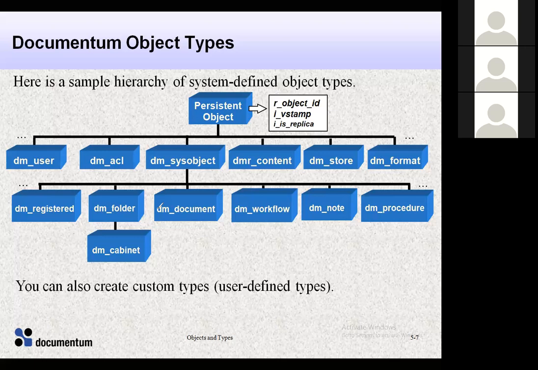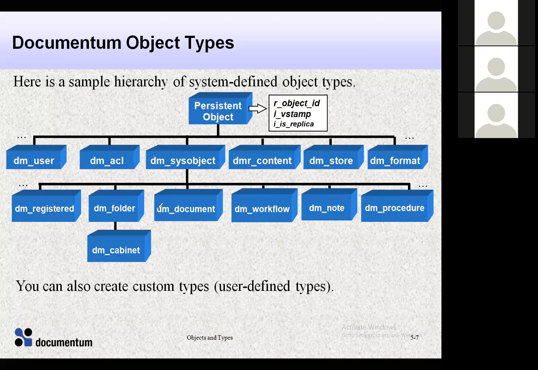In case we have to create any object in the system, we first have to select what type of object we have to create. For example, if we are creating users, we have to create an object of dm_user. In case we have to create security, then we go and select dm_acl. I mean, we have to create an object of dm_acl.